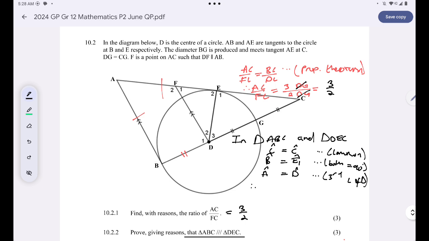So therefore, triangle ABC is similar to triangle DEC. The reason is angle, angle, angle. So now we've proven that the two triangles are similar.